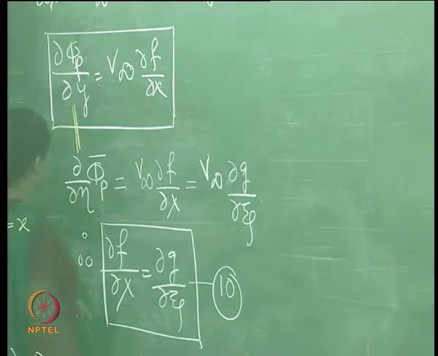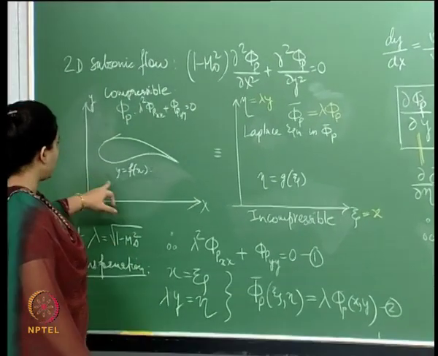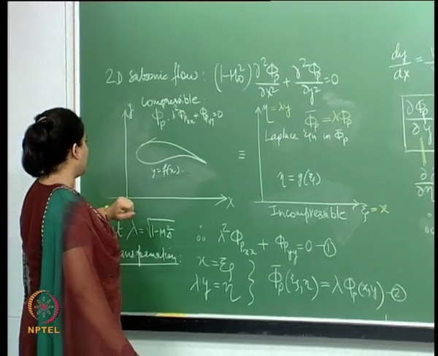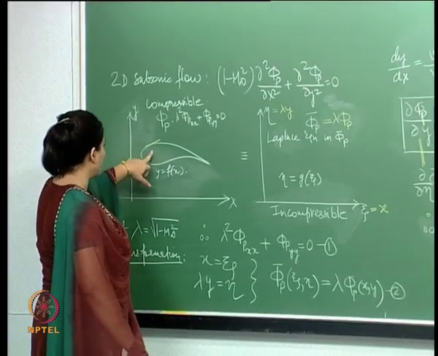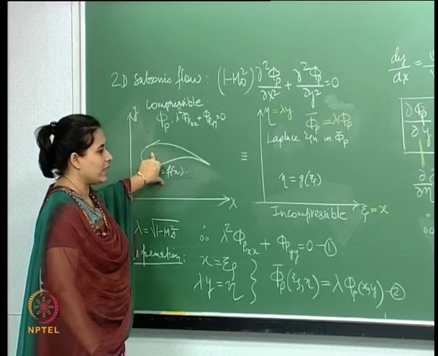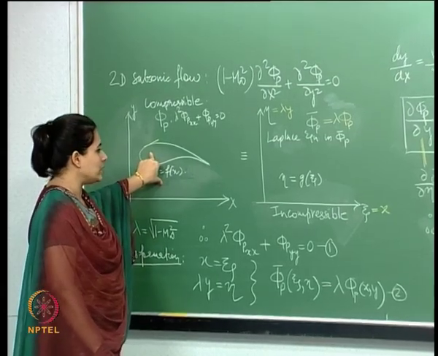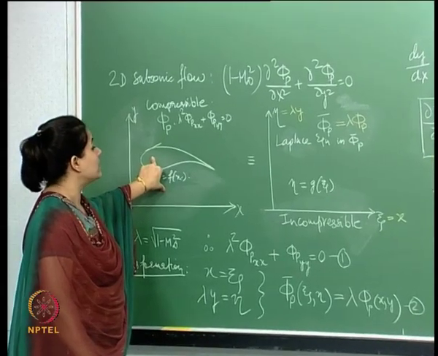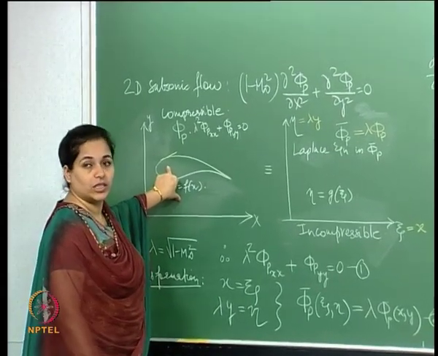So what does that mean? That del f del x, which is the slope in the xy coordinate system, is also the same as the slope in the zeta eta coordinates, in the transformed coordinates.